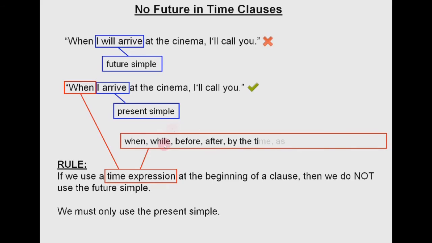So when, while, before, after, by the time, as soon as, if, unless, etc. So whenever we have a time clause which starts with one of these words and we are talking about the future, then in fact we must use the present simple. We must not use the future simple. Okay?